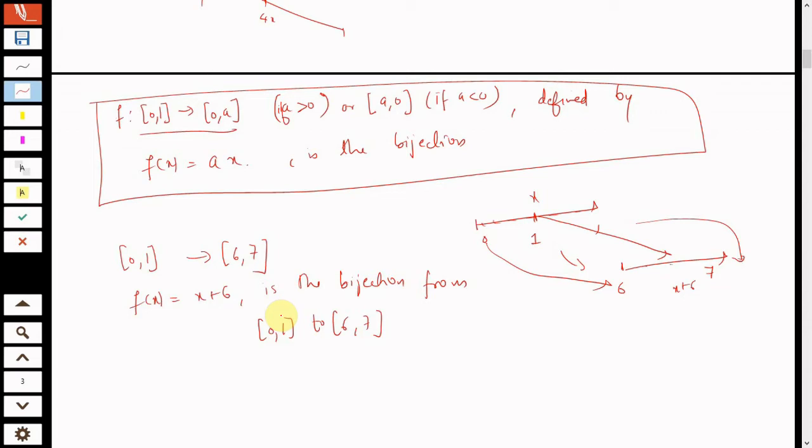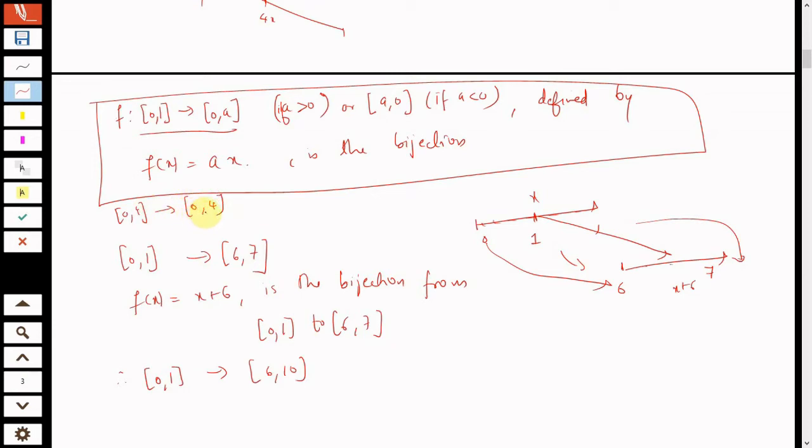So if I have 0 comma 1 and want a bijection to 6 comma 10, you just combine these. You know that there is a bijection from 0 comma 1 to 0 comma 4. Here you are stretching that rubber string.